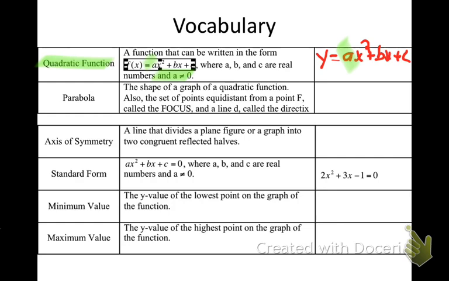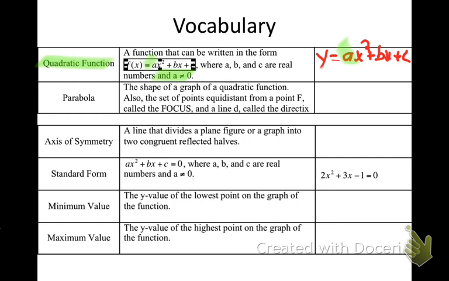It would get rid of the x squared. That's correct. Think about it. If you had 0 x squared, do you technically have an x squared? No, it eliminates that. That means it's a linear function then. It's no longer quadratic. Okay, great job. So you cannot have 0 as a, just because then it's no longer quadratic.